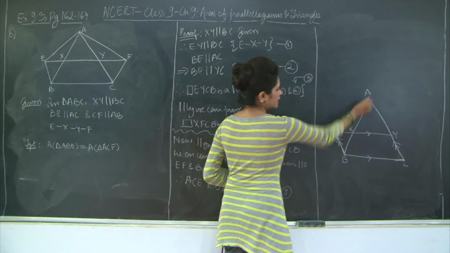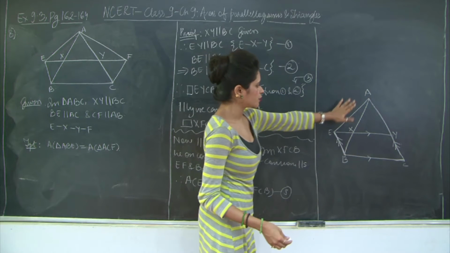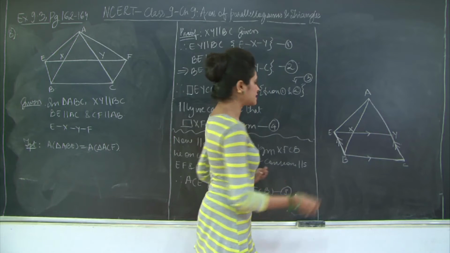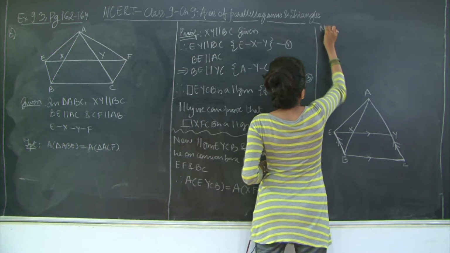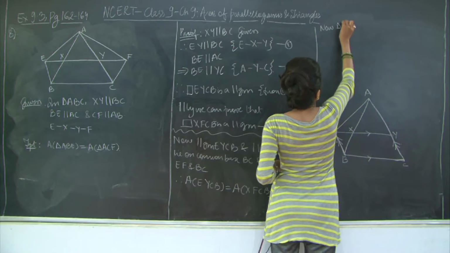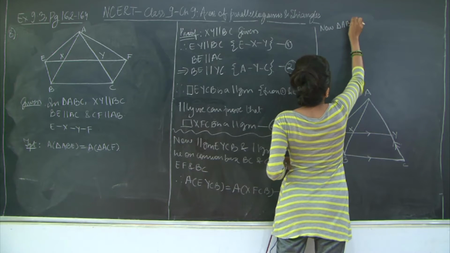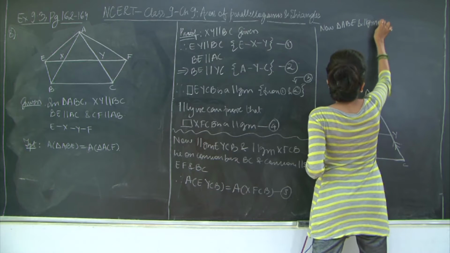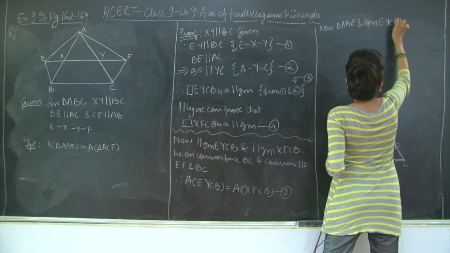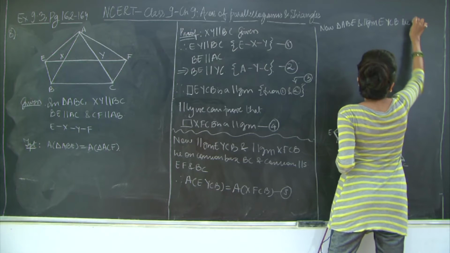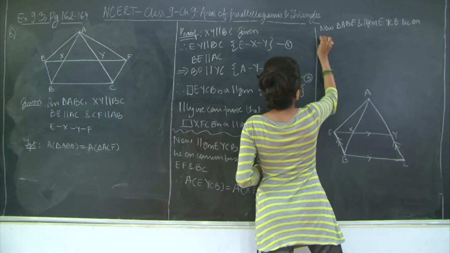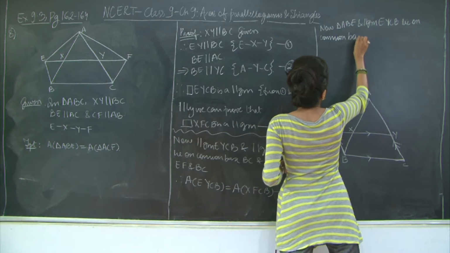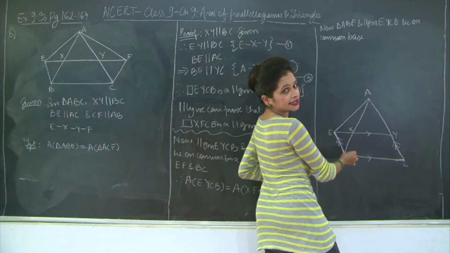So now, before erasing this, let's just prove that area of triangle ABE is half area of this parallelogram EYCB. Now, triangle ABE and parallelogram EYCB lie on common base, so which is your common base? BE, right?